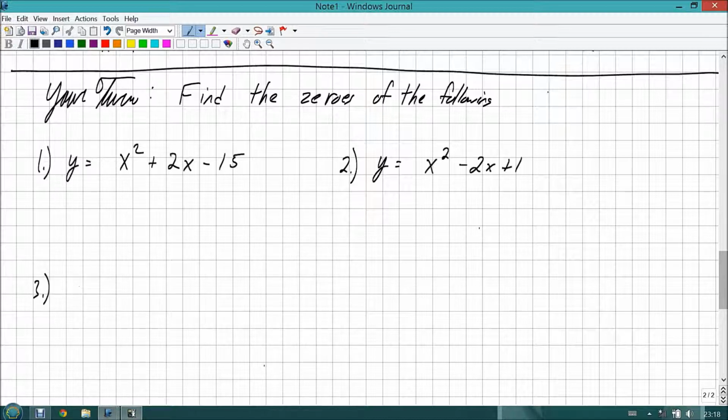Number 3, y is equal to x squared plus 8x plus 12. And the last one, number 4, will be y is equal to 2x squared minus 4x minus 4. No, wait, sorry. Minus 8.